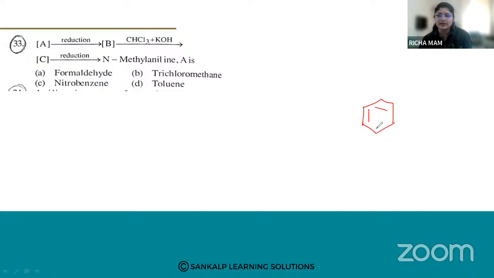Means it should be a substituted benzene at least. So which is the substituted benzene? Trichloromethane is a no. Toluene has a CH3 group, and this is nitrobenzene. Let us take nitrobenzene and see.